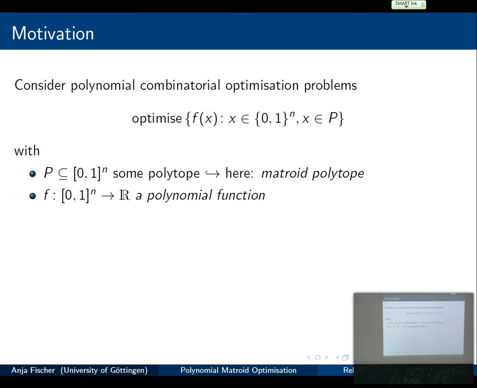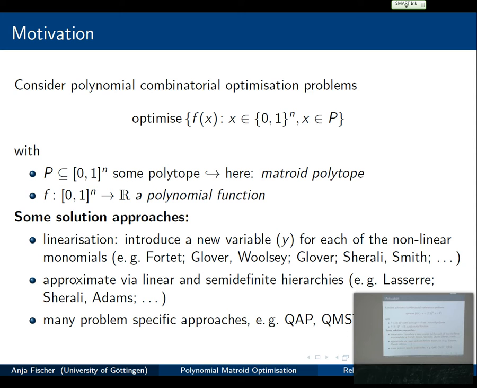So we consider polynomial optimization problems, combinatorial ones, and here we will focus on Matroid polytopes. I think in the morning we have seen lots of solution approaches, and the standard way is linearisation. So we have some nonlinear monomial, and we do not really know what to do with this. Okay, linearize.